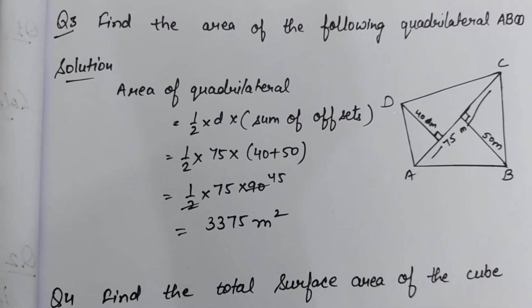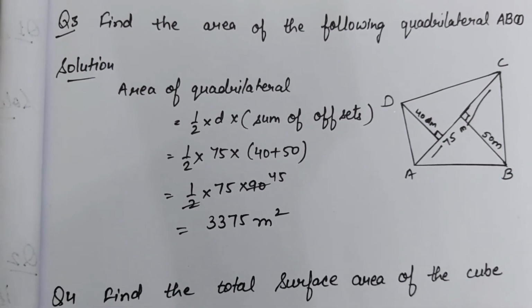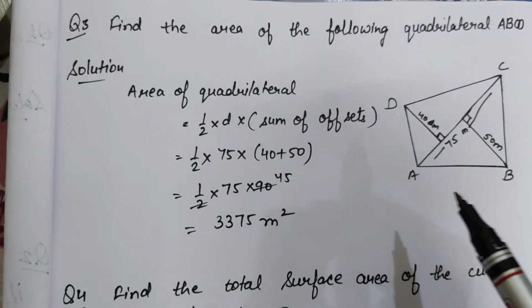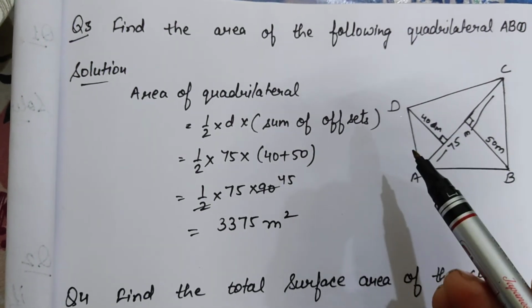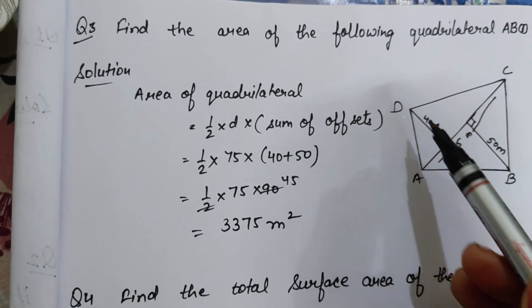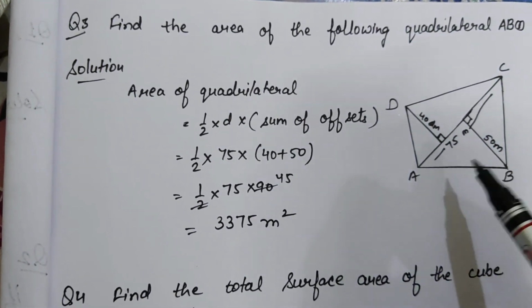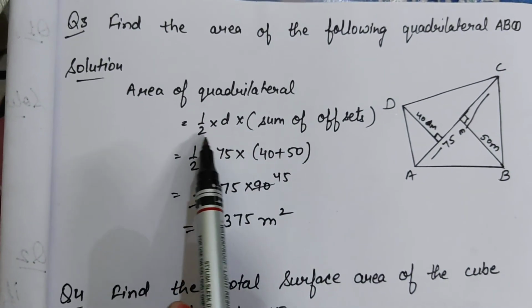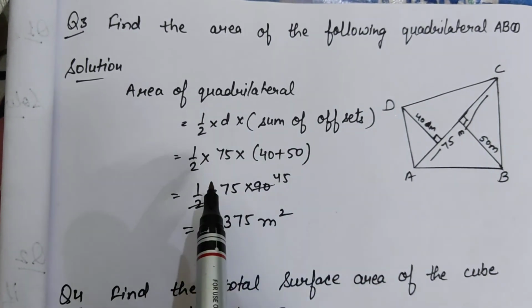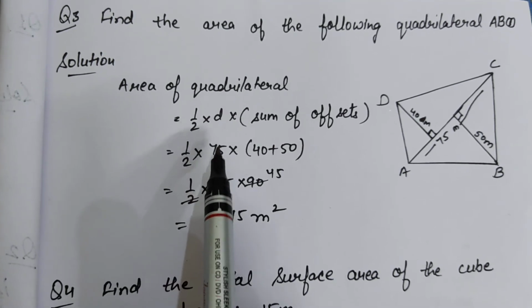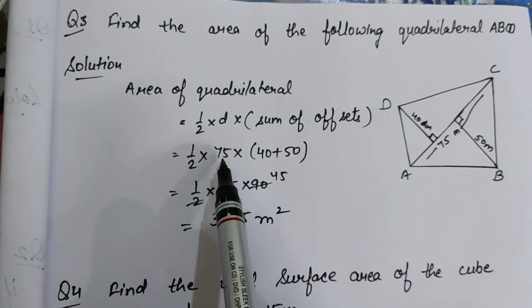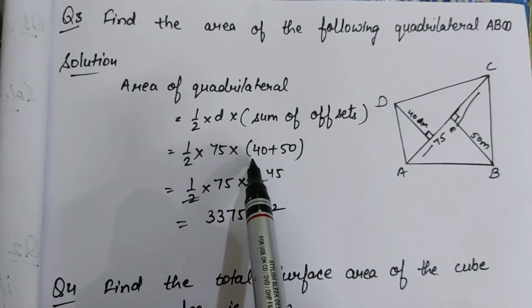Now question number 3 is, find the area of the following quadrilateral ABCD. This is your quadrilateral ABCD. This one is the diagonal and these are the offsets of this quadrilateral. Now use the formula. Area of quadrilateral is equal to half into d into sum of offsets. Half into 75, d is 75, so we use 75 here, into offsets.